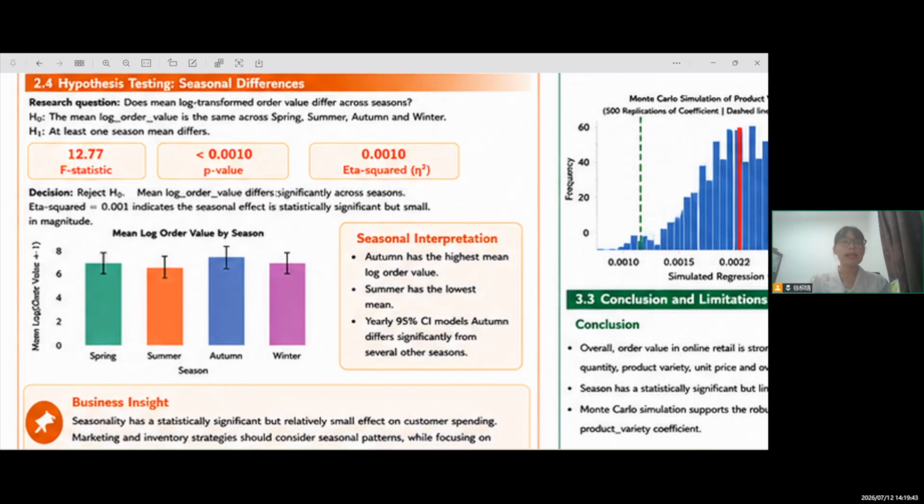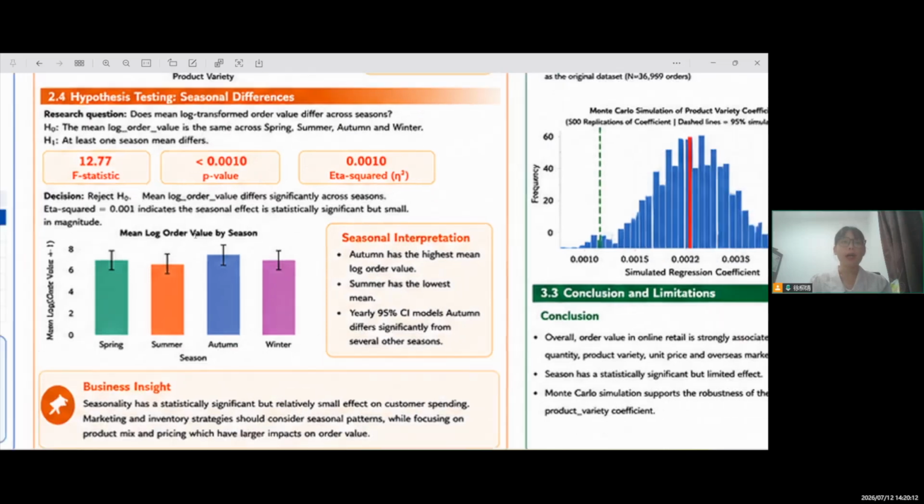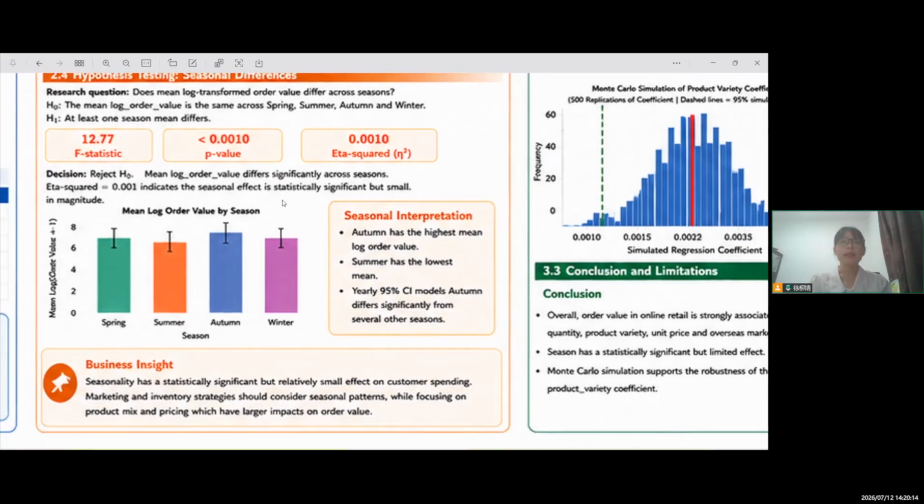Therefore, we conducted a one-way ANOVA. Our null hypothesis is that the mean log-transformed order value is the same across all four seasons, while the alternative hypothesis states that at least one seasonal mean is different. Before performing the ANOVA, we checked the assumptions using the Levene test and the QQ plot.